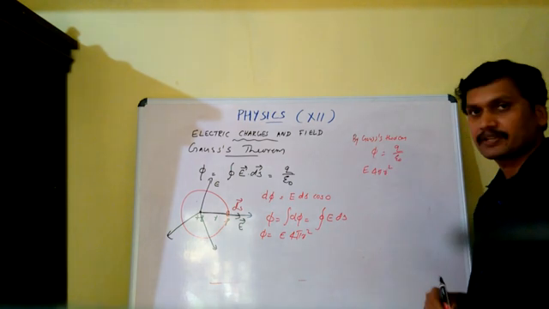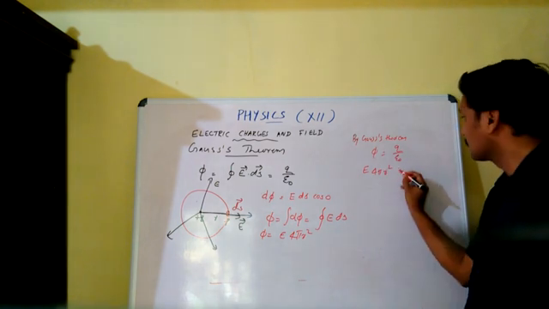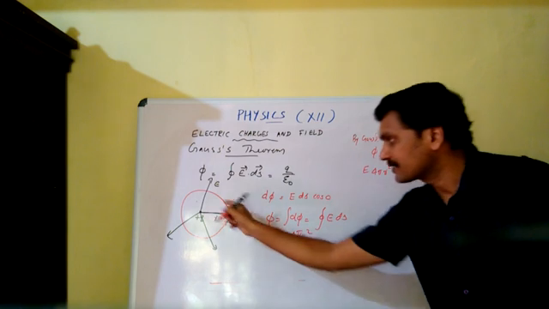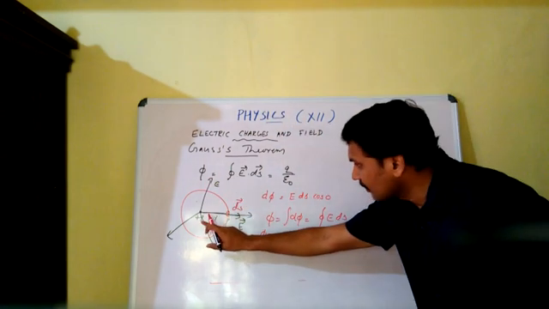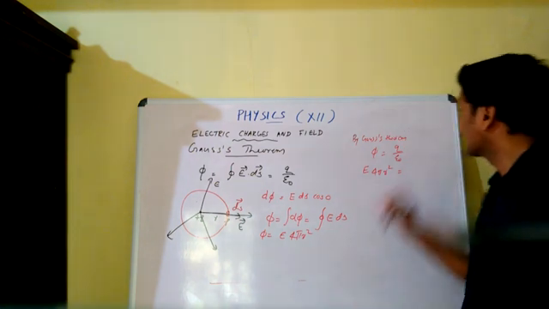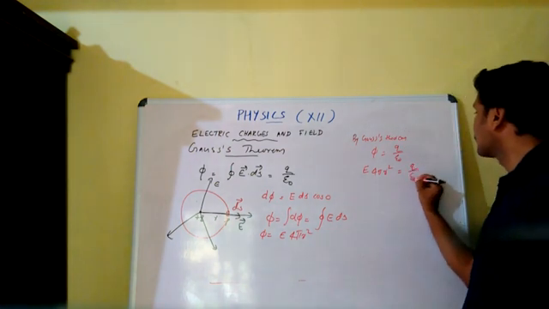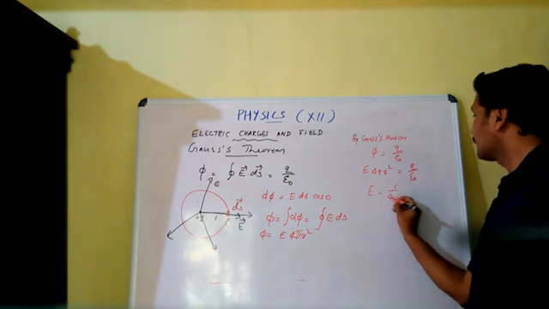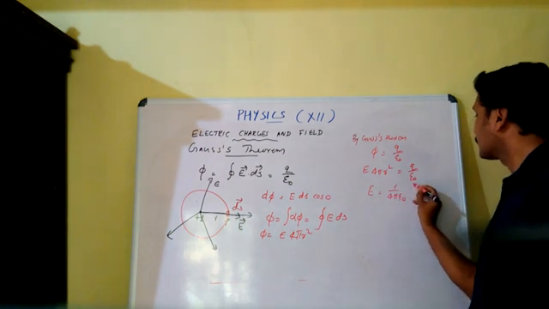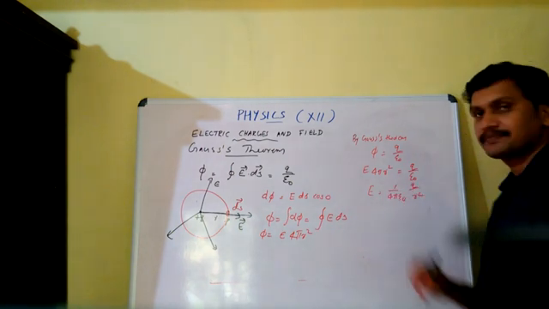That is equal to 1 by epsilon 0 times the charge inside the surface. What is the charge inside the surface? We have only a single charge, that is Q. So it is equal to Q by epsilon 0. That is, E is equal to 1 by 4 pi epsilon 0 Q by r square.